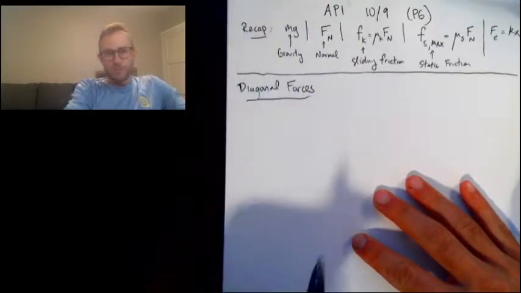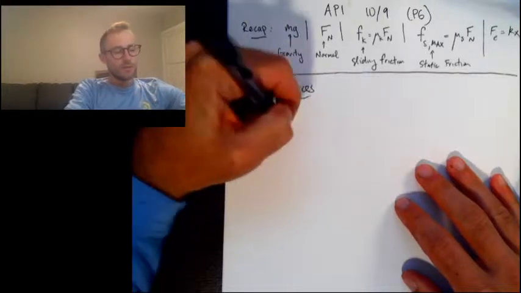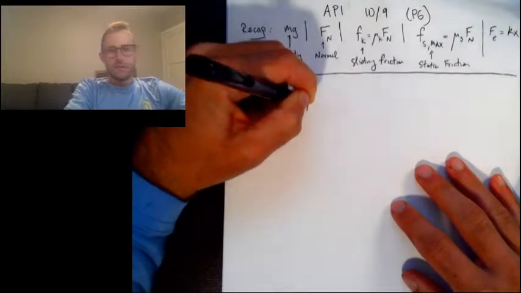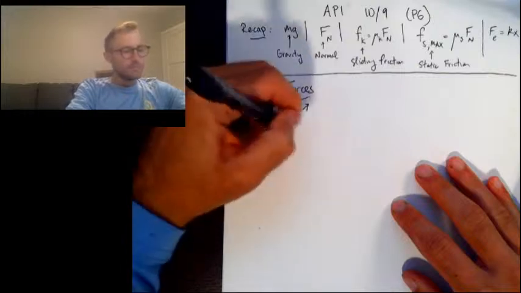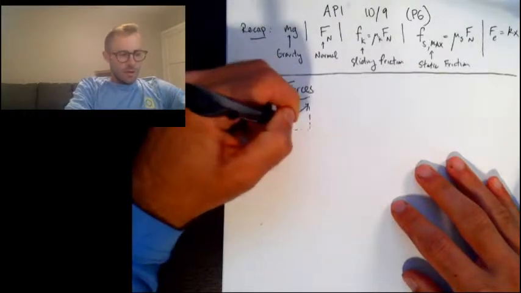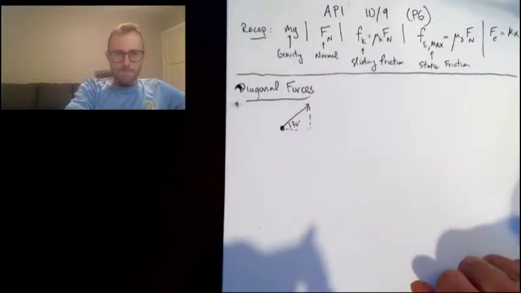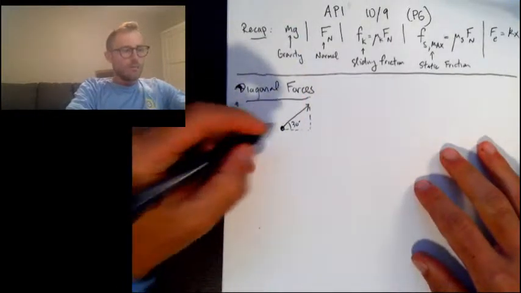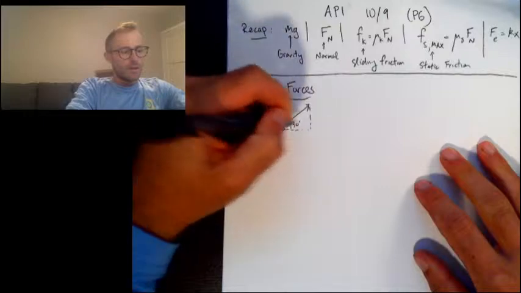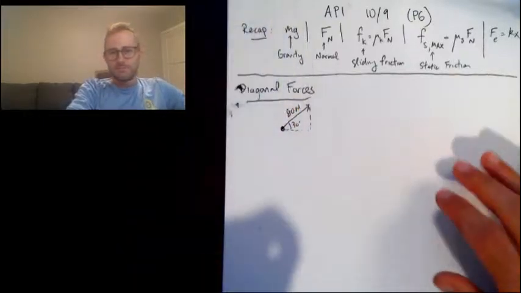So for example, let's suppose that we have a force that is at an angle, and let's say that the angle is 30 degrees, and it's a force of size 80 newtons.